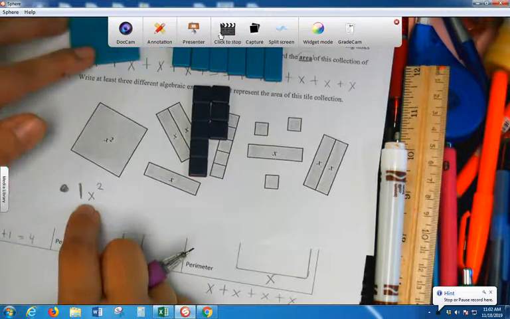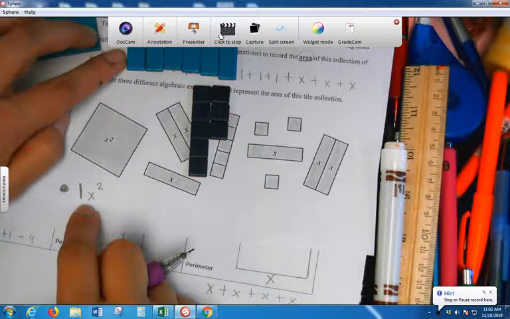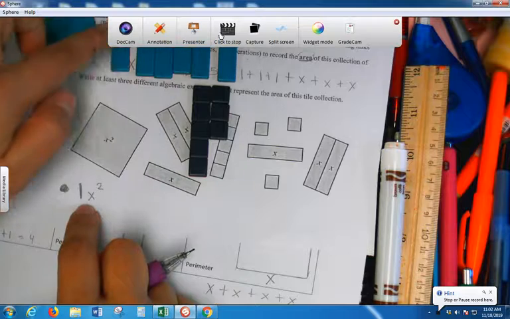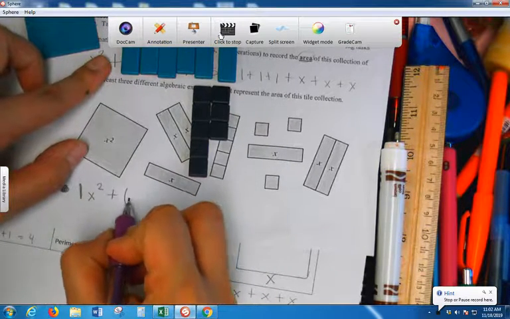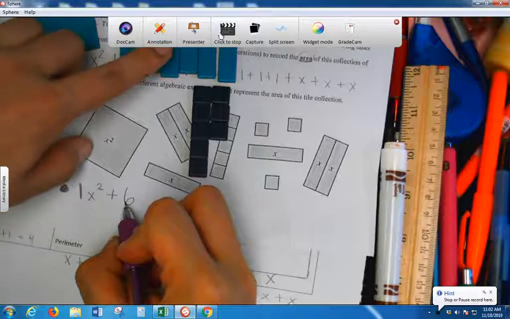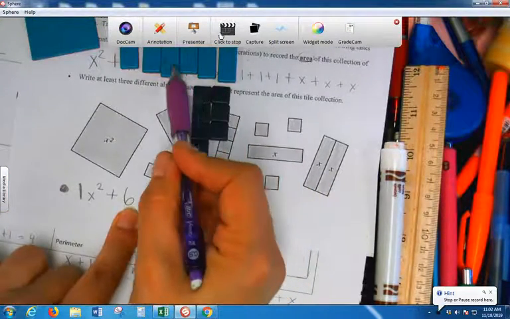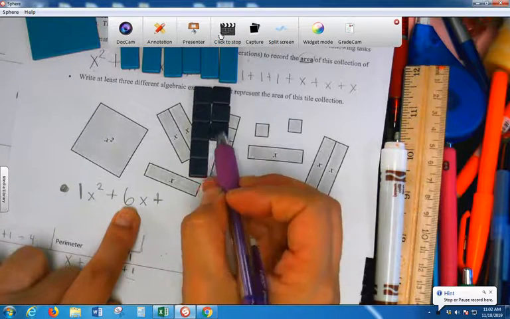What are these? X's. And how many do you have? 6. I have 6 of them. I have plus 6 of what? X. I have 6 of these X's. Plus 8 of these ones.